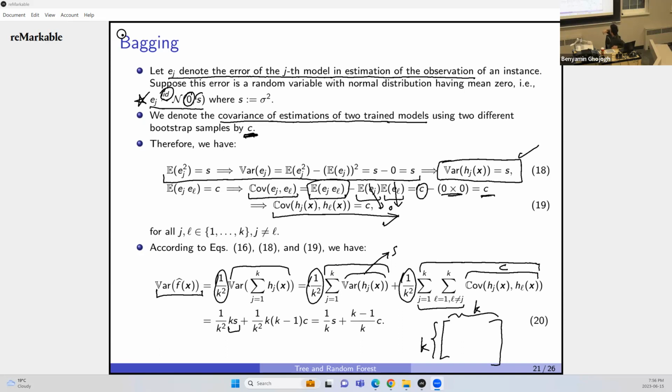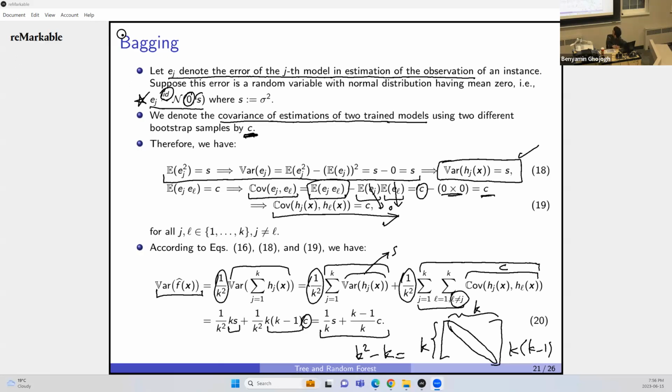So you have k squared. However, you are not considering the covariance of every model with itself. It doesn't make any sense. So you are eliminating the diagonal. So it's k squared minus k terms. If you factor out k, it will be k times k minus 1, and each of them is C. If you simplify the terms, it becomes like this.